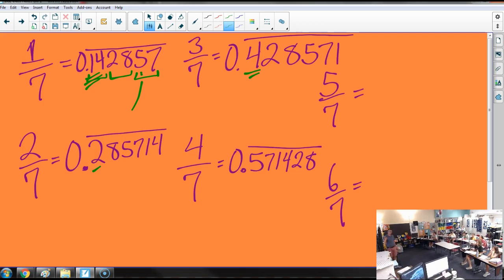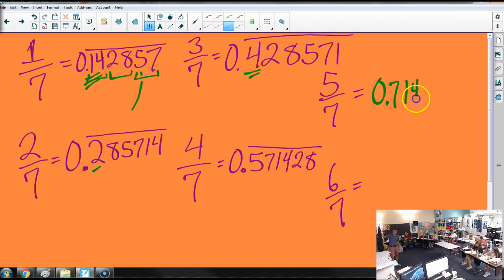So here, I want everybody to try to make your prediction with what 5 sevenths is going to be. The pattern we just recognized was the digits stay in the same order. What would the next biggest digit be? Toby? The 7.